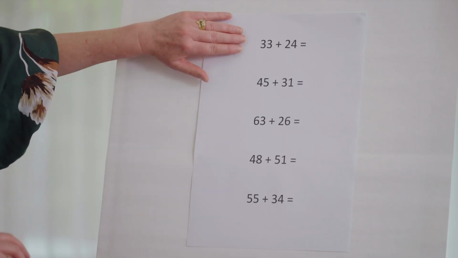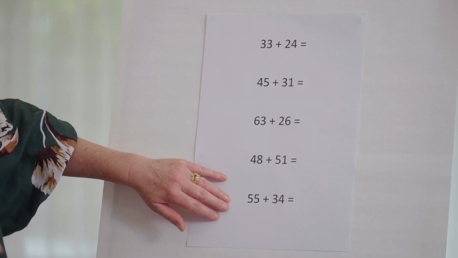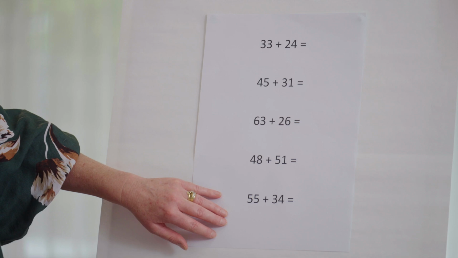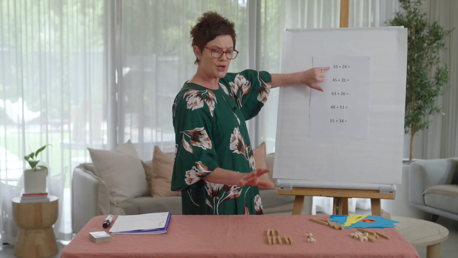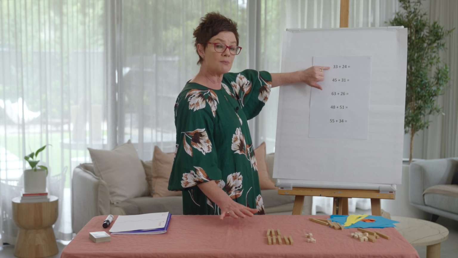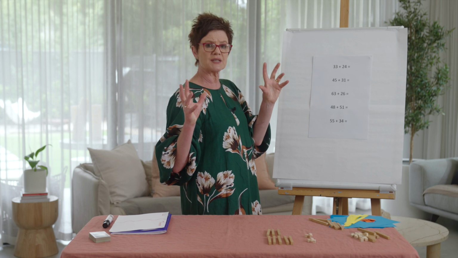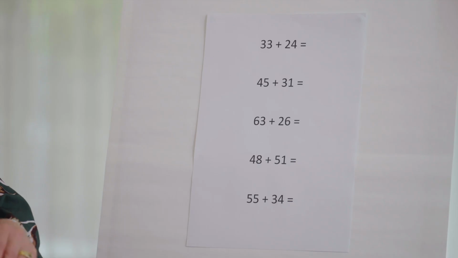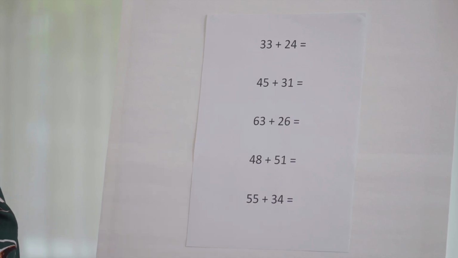Show your learning, show how you are doing that as you work. You might like to make it first. Often making it helps you visualize what it is, and it helps you reason with your answer. Okay, so press pause and enjoy your learning.